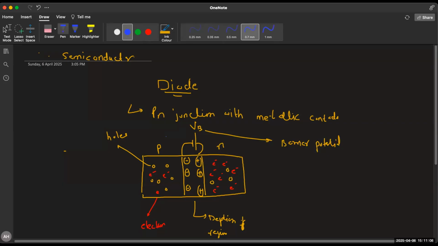Due to this barrier potential, there is an electric field from the N side to the P side. This is the electric field due to the barrier potential.